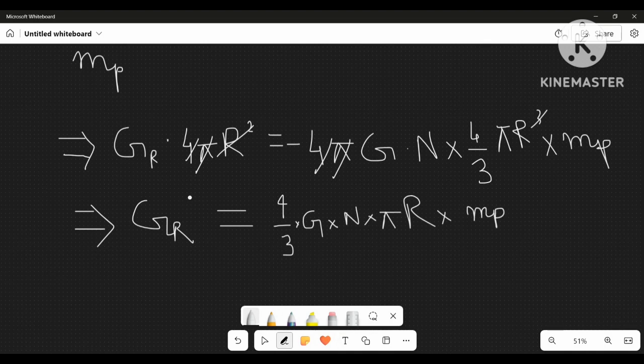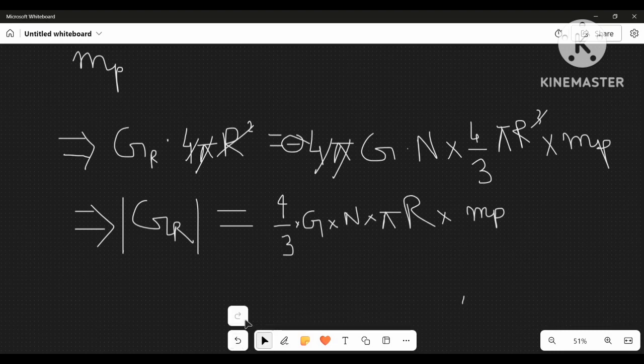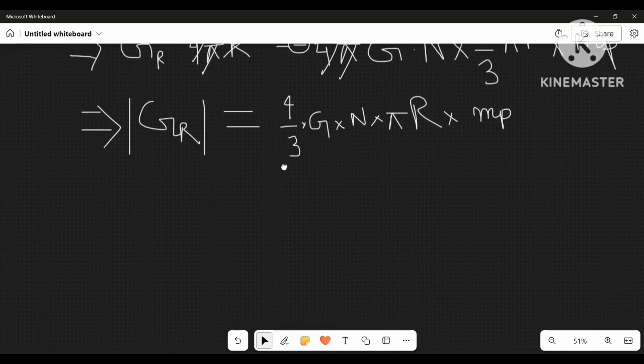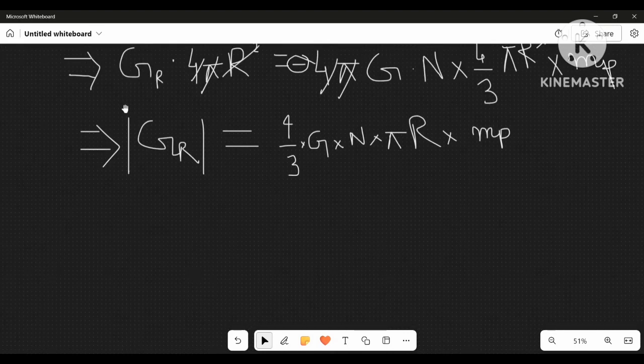Now if I consider the magnitude of this gravitational field, then I can omit this negative sign appearing here. I am not writing it, I am considering the magnitude of this gravitational field. That means we have obtained the expression for the gravitational field at the periphery of the universe.